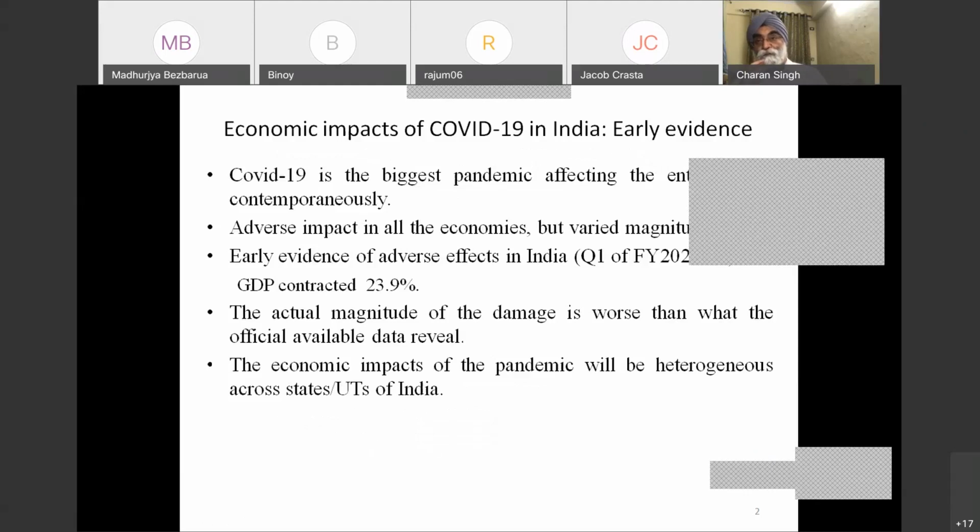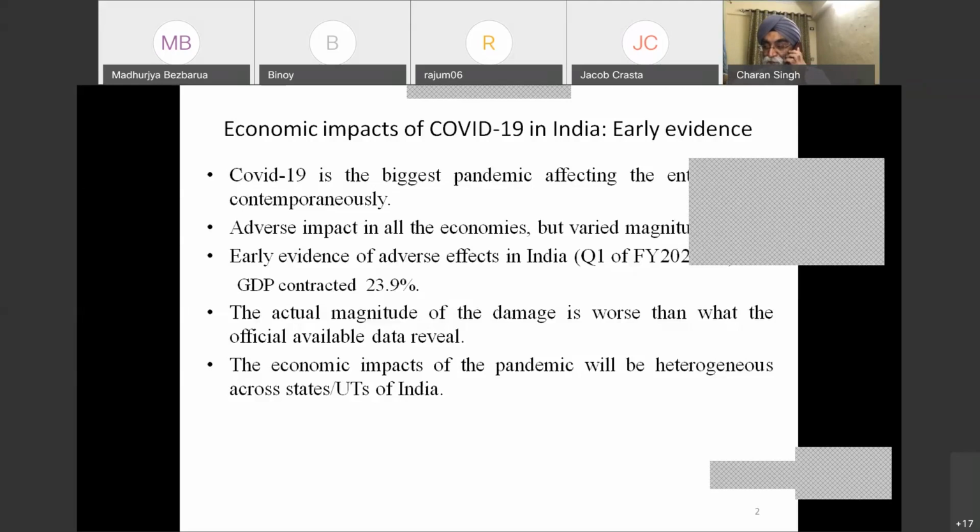Okay, so as you all know, COVID-19 is perhaps the biggest pandemic affecting the entire world, and it has affected all the economies across the countries and even within the same country. As regards the impact on India, there is data for the current financial year, which shows that the GDP of India contracted compared to last year's first quarter.